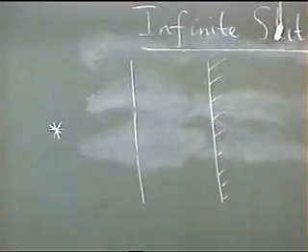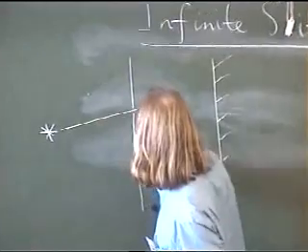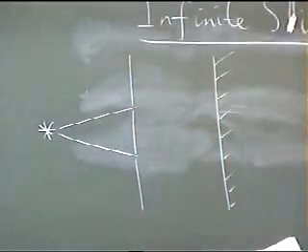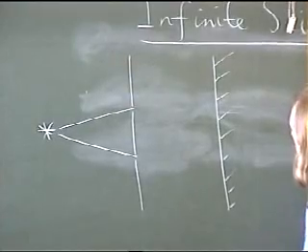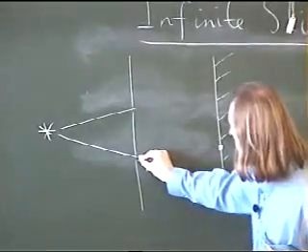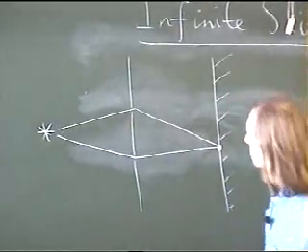So if they're going to reach that screen, they have to pass through one of these two slits. They could go through this one, or this one. Say we're interested in some point over here, then it goes from there to there somehow, and down to here, like that.